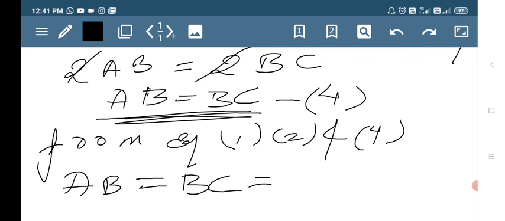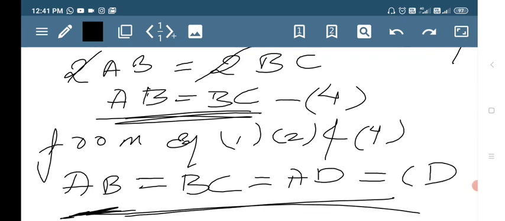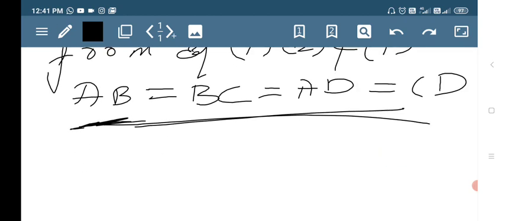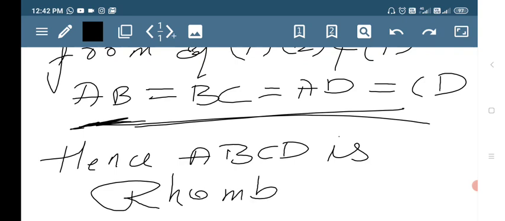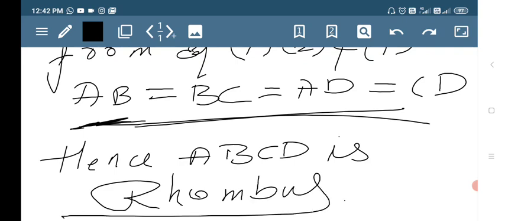In equation 2 you have BC is equal to AD, right? And in the first equation AB is equal to CD. So all the four sides are equal. Hence ABCD is a rhombus. Got it?